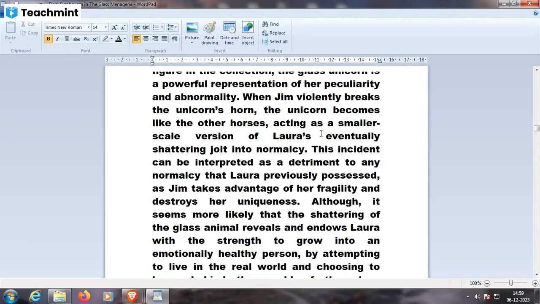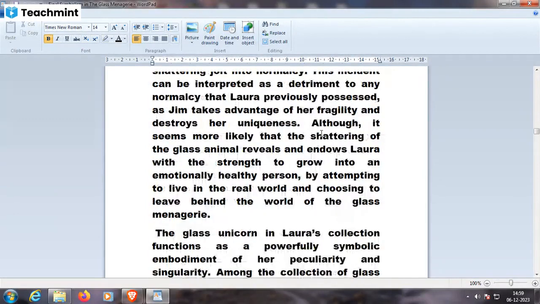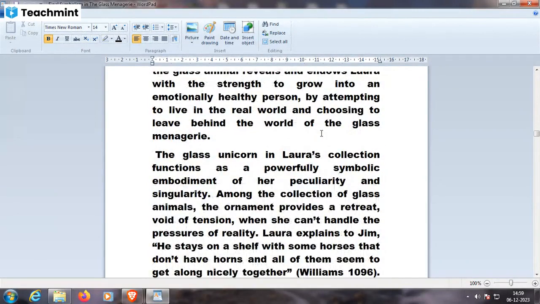Fragility can destroy the uniqueness, although it seems more likely that the shattering of the glass animal reveals and endows Laura with the strength to grow into an emotionally healthy person by attempting to live in the real world and choosing to leave behind the world of the glass menagerie. So the glass unicorn in Laura's collection functions as a powerfully symbolic embodiment of her peculiarity and singularity.